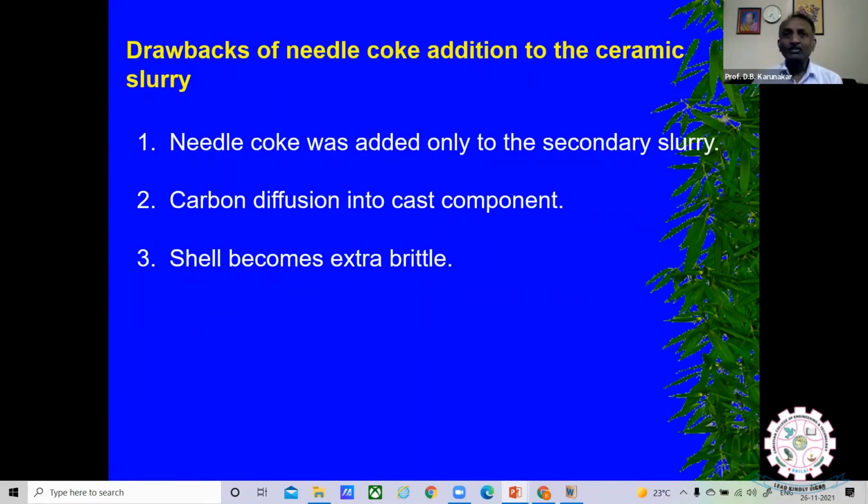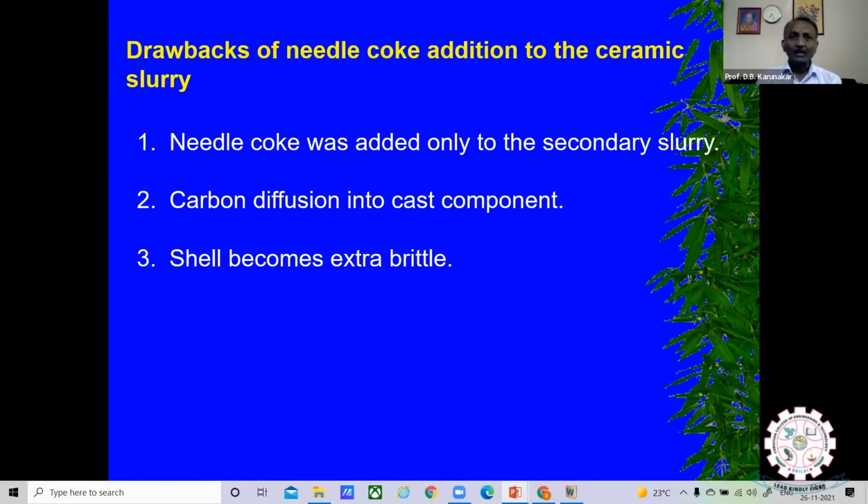The portion constructed with the primary slurry was equally impermeable as it was before. The permeability of the primary slurry portion was not changed. It was not improved.